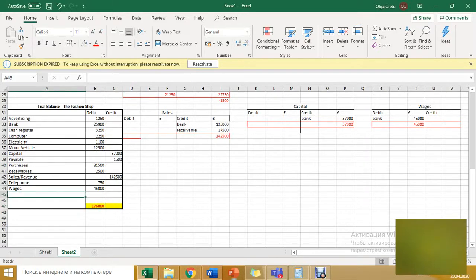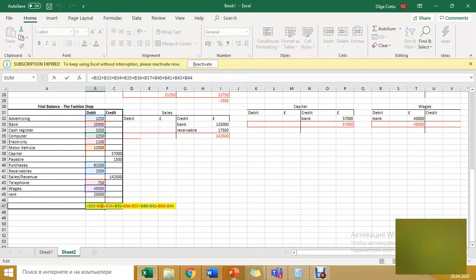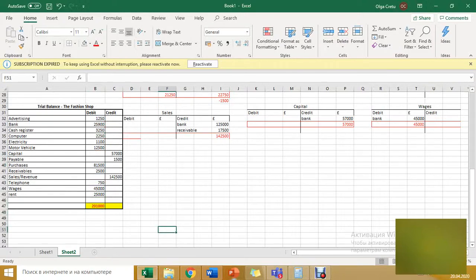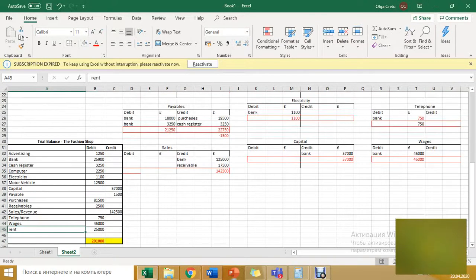Oh yeah, I forgot to put rent here, which is 25,000. So I forgot to put it, you have to be very careful. I'm going to put the rent here.